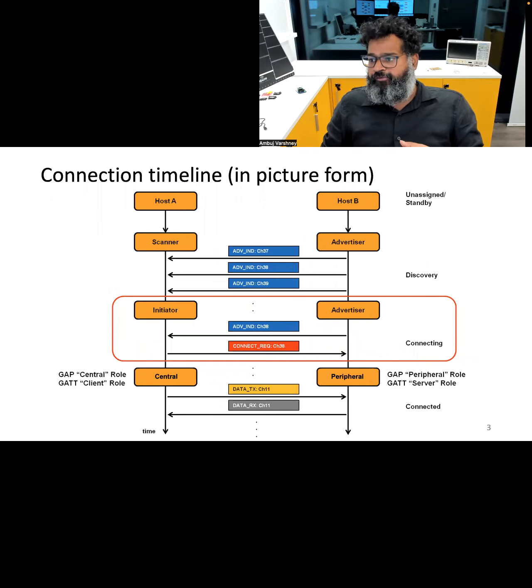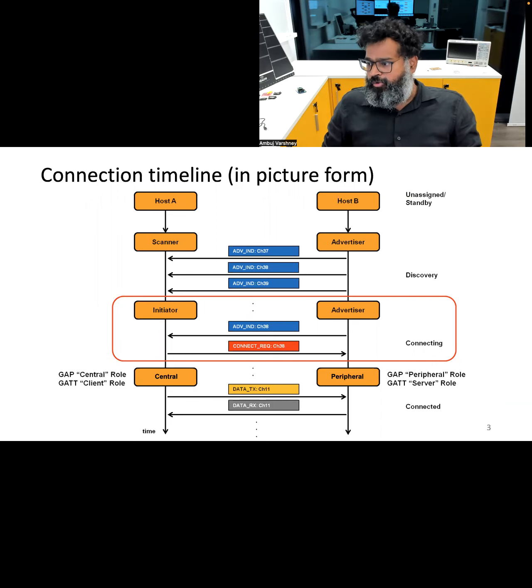Here we look at a typical timeline for a Bluetooth connection. Let's say host P is the advertising node. It starts and sends the advertising packet on the 3 advertising channels. Host A is in scanner mode, which means it is looking for these advertising packets.